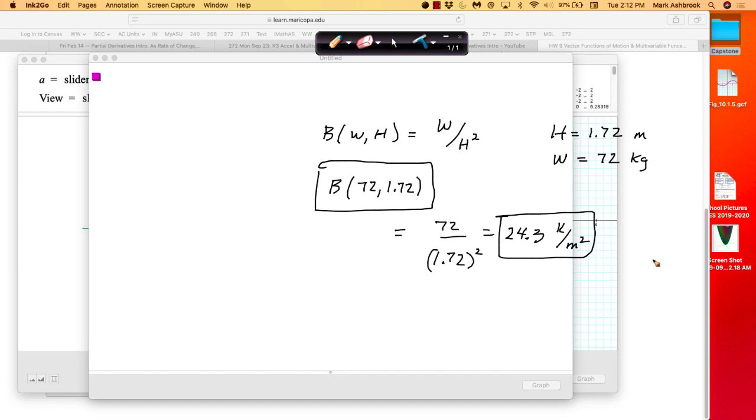So you'd have to look up how many pounds are in a kilo. It's 2.2 pounds per kilo. And then how many inches in a meter?